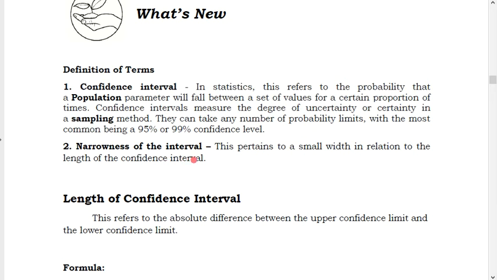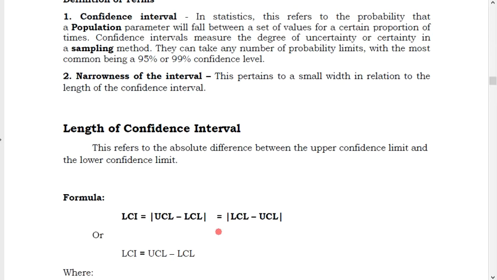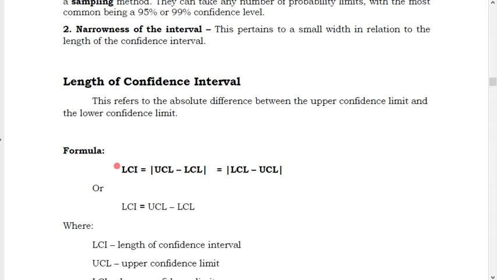Narrowness of the interval pertains to a small width in relation to the length of the interval. The length of the confidence interval refers to the absolute difference between the upper limit and the lower limit. LCI is the length of the confidence interval, UCL is the upper limit, and LCL is the lower limit.